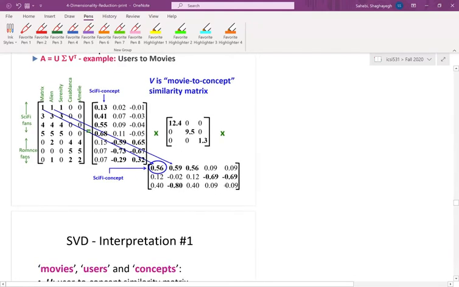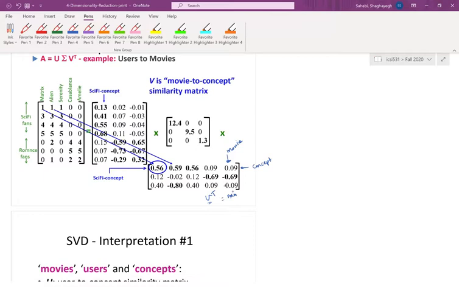How about matrix V? In my matrix V, we can see that each row is a concept and each column is associated with a movie, because V transpose is R by N, so N is coming from the movies and R is coming from the concepts that we have.